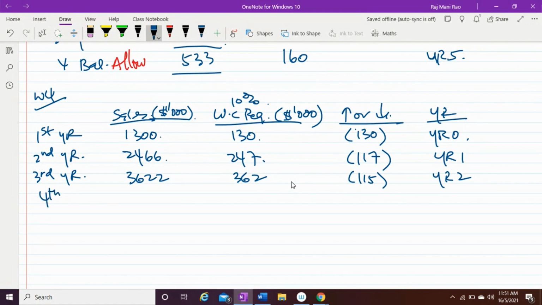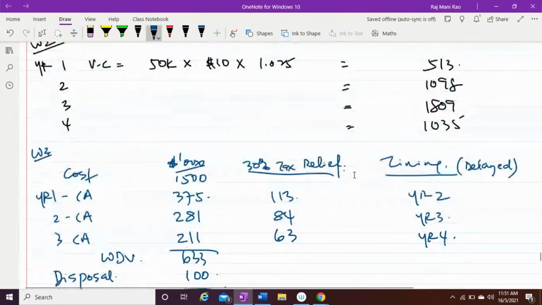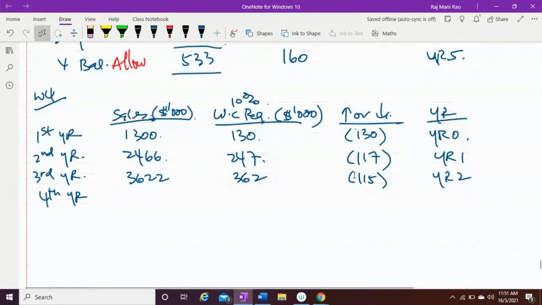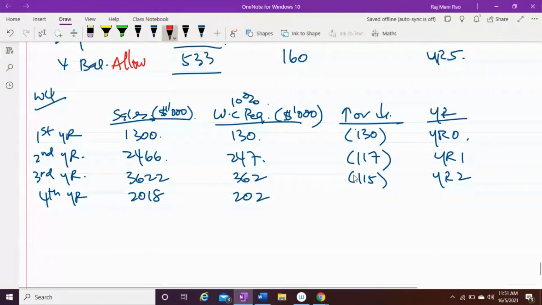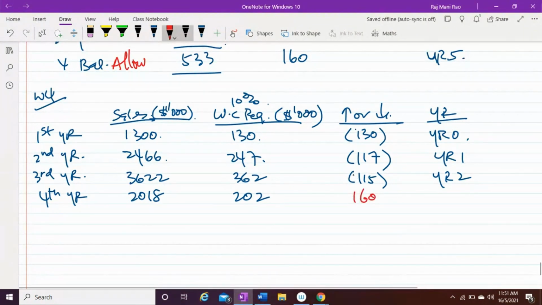And then for the fourth year, your fourth year sales is 2018. So 202. So what happens? So you will recover 160 in year 3.